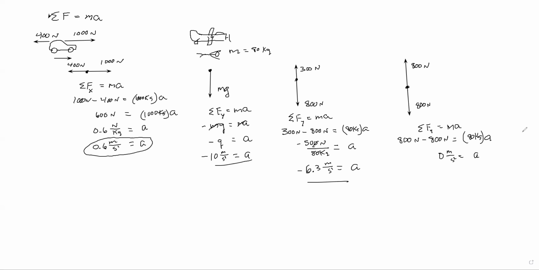Terminal velocity: when people jump out of an airplane, they just free fall. They'll eventually get to about 140, 150 miles an hour, depending on their surface area. But they'll reach terminal velocity, and that's the point where they will no longer increase in velocity.